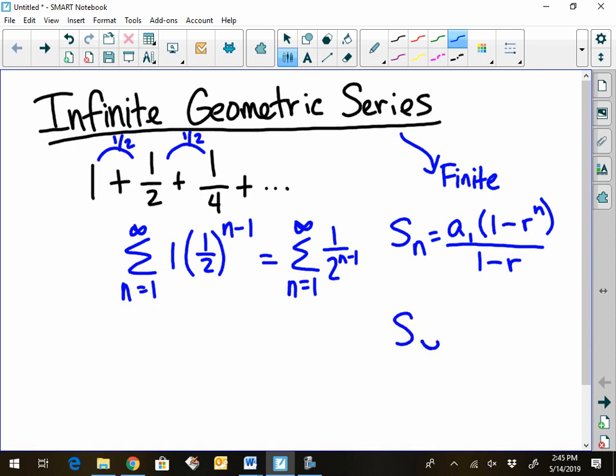So S sub infinity, if we wrote this out, over 1 minus r, which is 1/2. Now, think about 1/2 as it approaches infinity. Well, will the 1 change at all? No. But the 2, what happens to the 2 as it's raised to infinity?